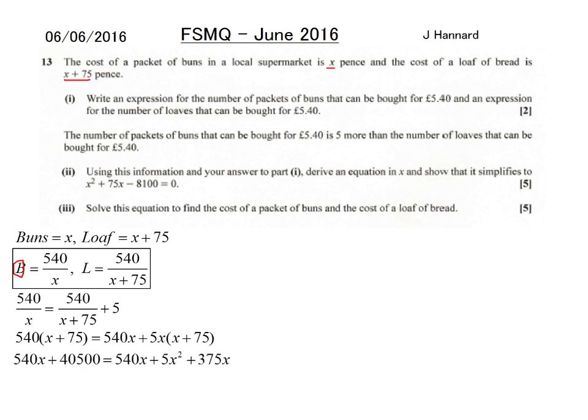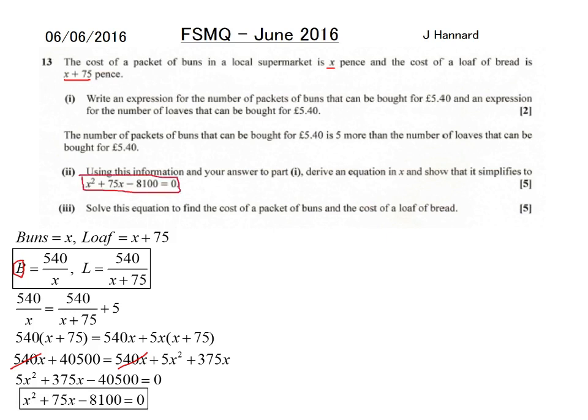Expanding and tidying, you get that, and that's great news because this 540x is going to go, and you're left with that. Dividing through by 5, you actually get that, and I honestly celebrated when I saw that and thought, phew, what a question that is for 5 marks, definitely well deserved. This isn't a well-deserved 5 marks.